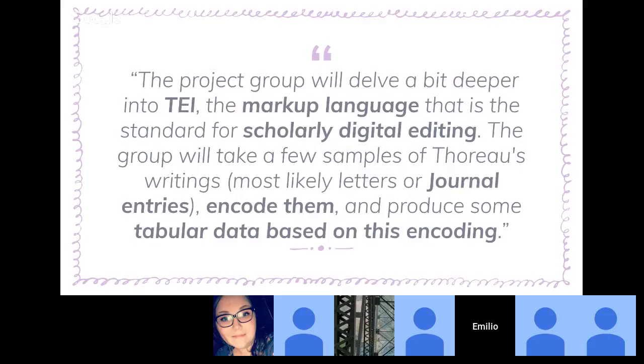What we wanted to do was add a little bit more dimension and complexity to the journal entries. I want to talk a little bit about how this differs from HTML.